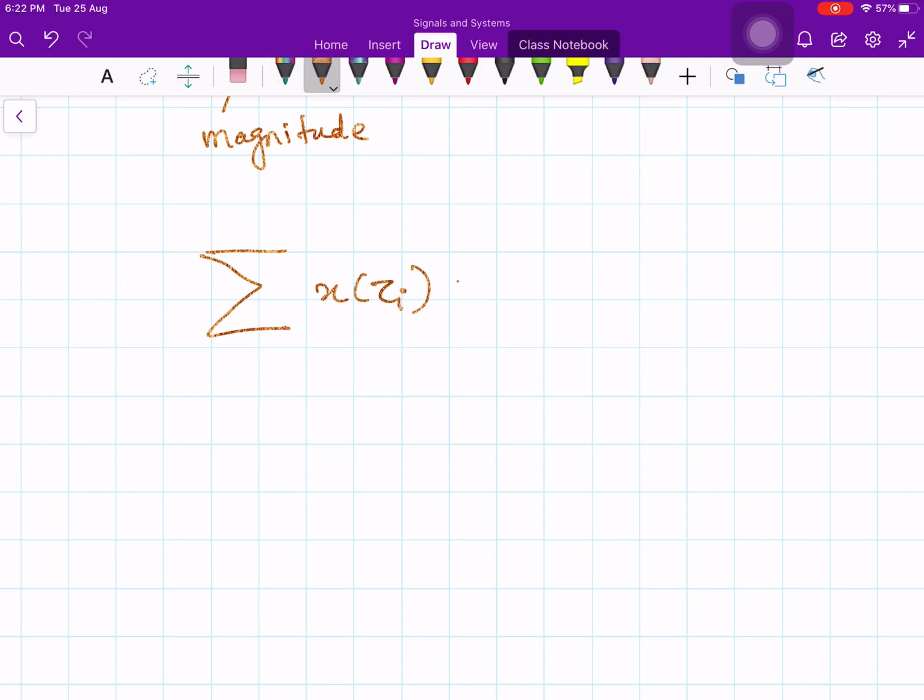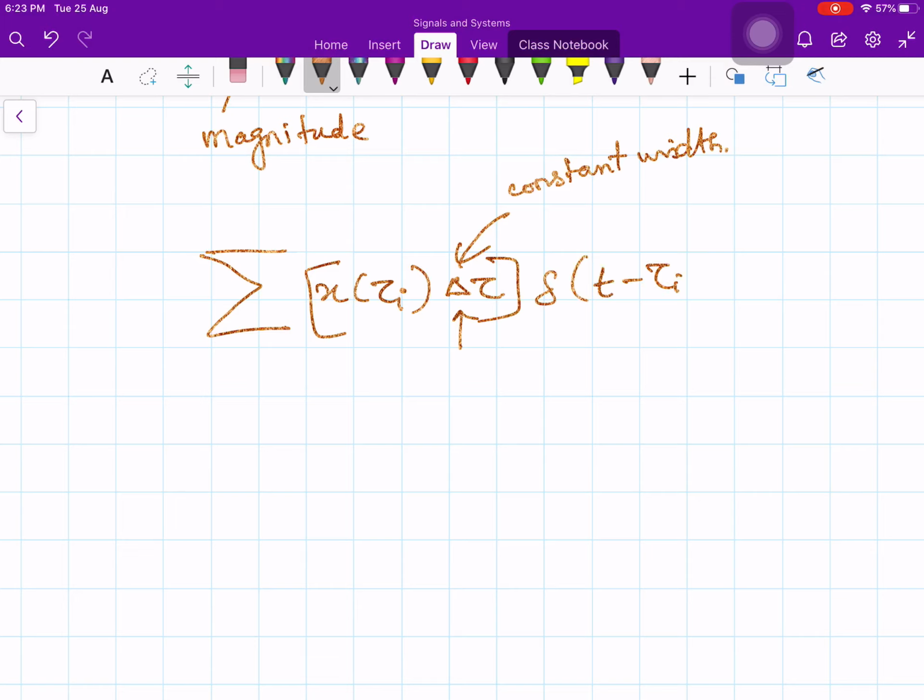Okay, this is the pulse magnitude, and delta t is the pulse width, and that width is constant for all the pulses. The pulses are located at t minus tau i, where i is equal to minus infinity to plus infinity. You can take n number of intervals.